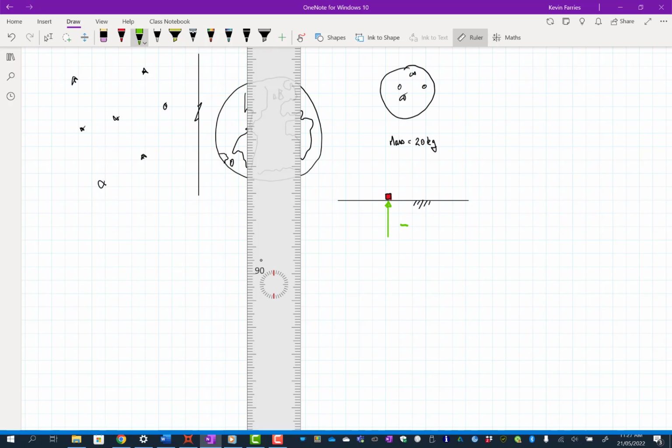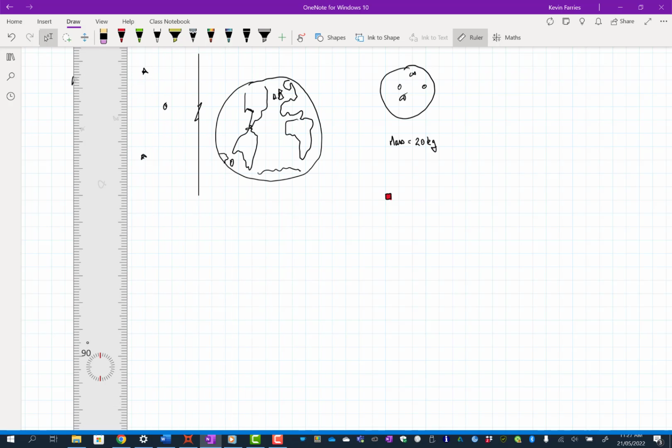Again, it's a force, so it's given in newtons, or it might be in kilonewtons, or could even be in meganewtons, depending how big the box is. The key point is mass is in kilograms, weight is a force in newtons. Now that weight can change depending on where it is. Put the box on Earth, it has one weight.